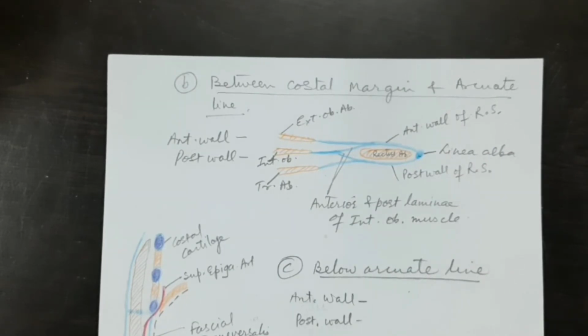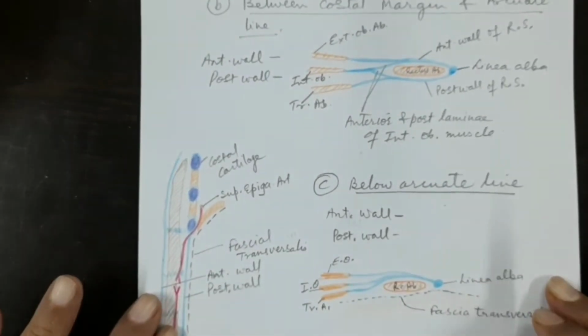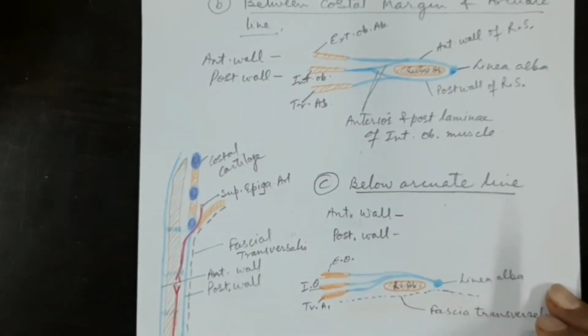I hope that this simple thing is clear to you. So this is how the anterior and posterior walls of the rectus sheath are formed between the costal margin and the arcuate line.